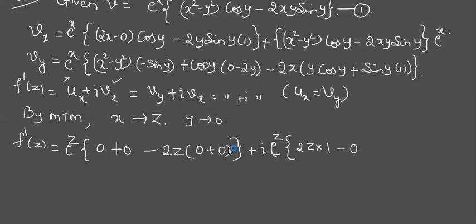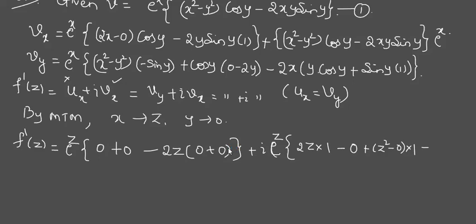Now here, if you take e raised to z common, I'm interested in this third term. I'll write it: this is z square minus 0 into 1. Tell me what about the last term? Is it existing or 0?